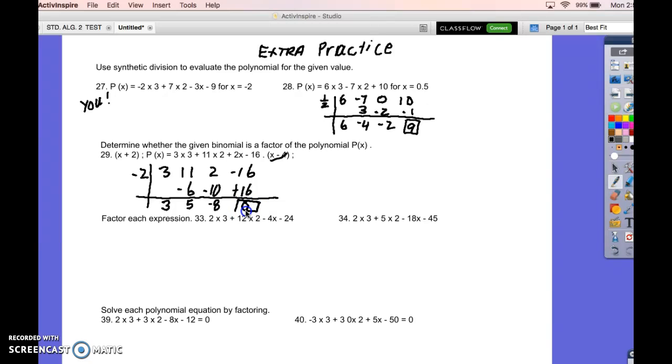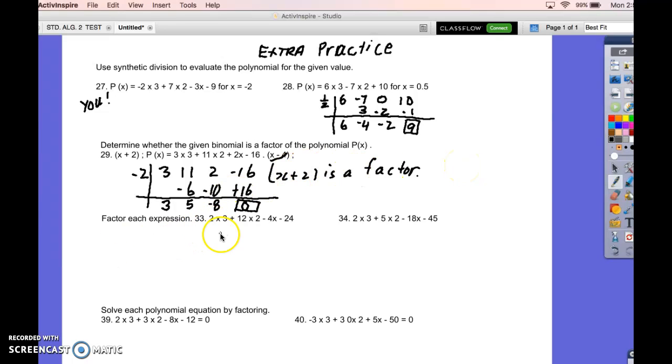So, yes, we got a factor here. X plus 2 is a factor. Again, if we got a number which was different from 0 here, then we'll say it's not a factor. So you can do the others and get to your practice, all right?